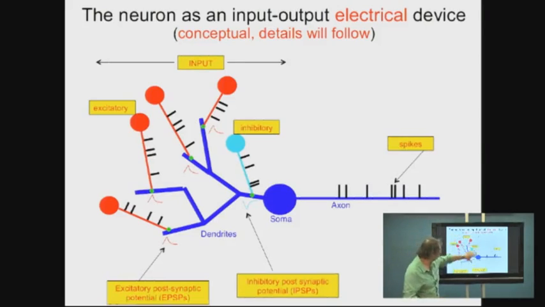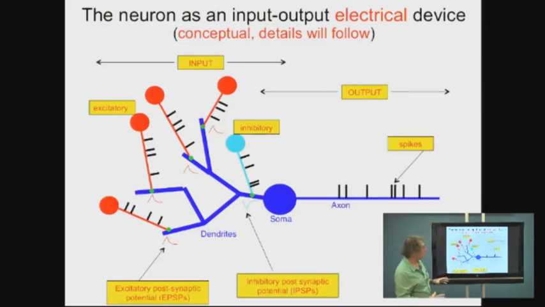But he realized that the dendritic tree is the receptive part of the cell, and that the axonal tree is the output part of the cell. So this is a very general, modern view, summarizing a concept from Cajal, but now with more details, because I'm telling you to summarize that the cell is an input-output device.